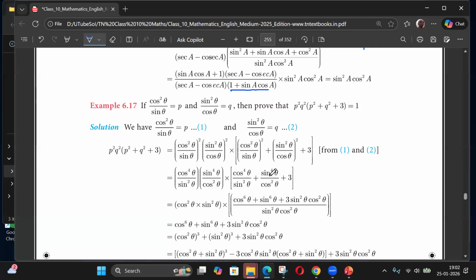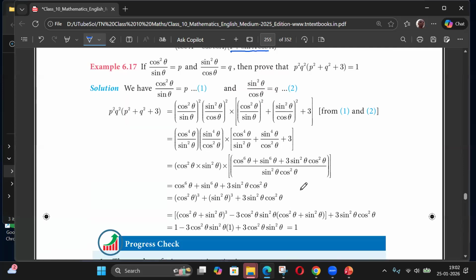And then you can cross multiply. Here it's correct and here also it's correct. So these things will cancel.